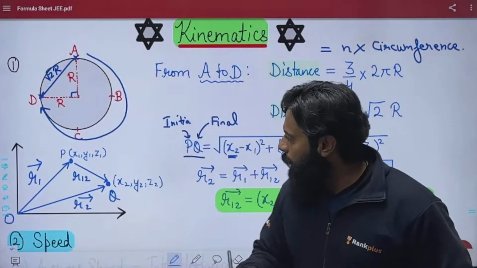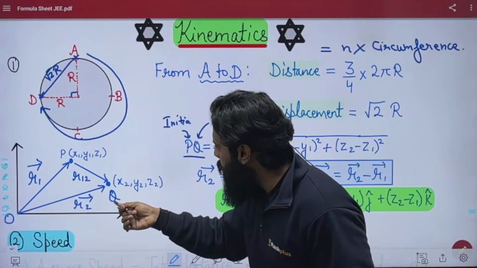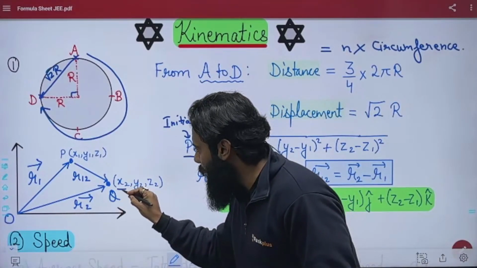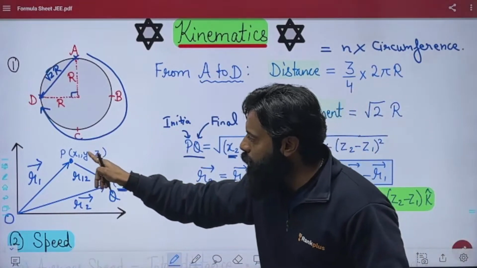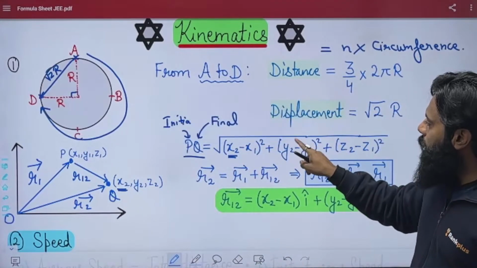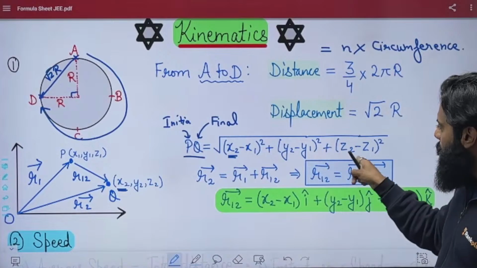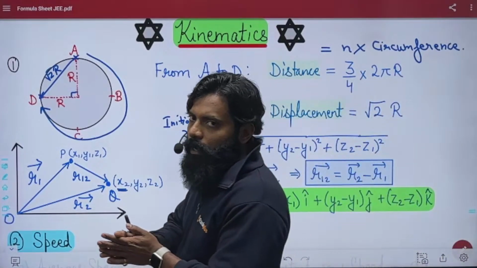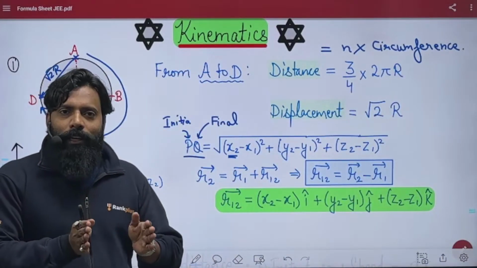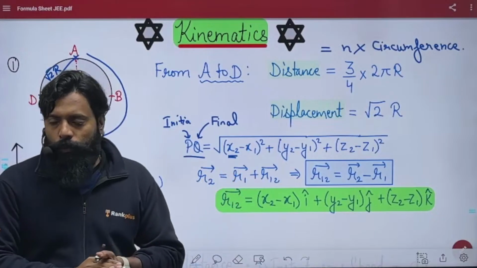Here Q is the final point, so the x-coordinate is x2. So it is x2 minus x1 whole square plus y2 minus y1 whole square plus z2 minus z1 whole square. This is how you find the displacement in terms of a vector quantity.